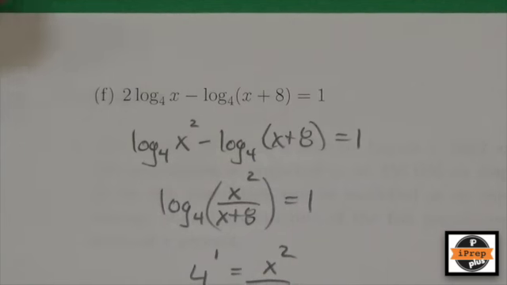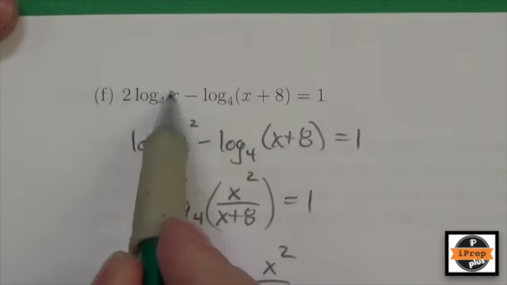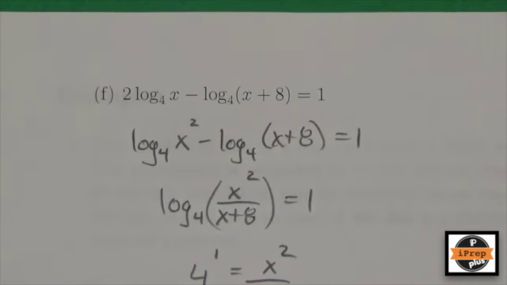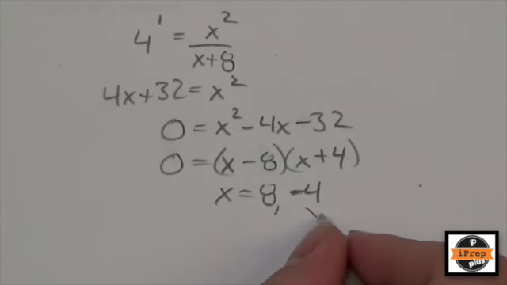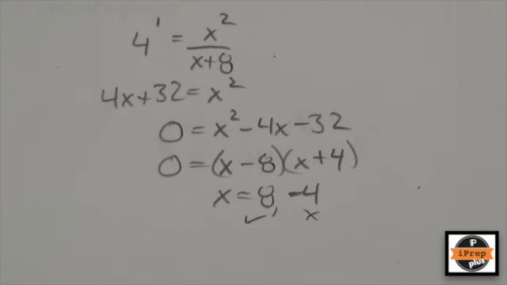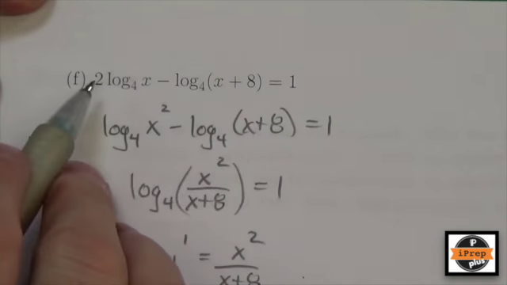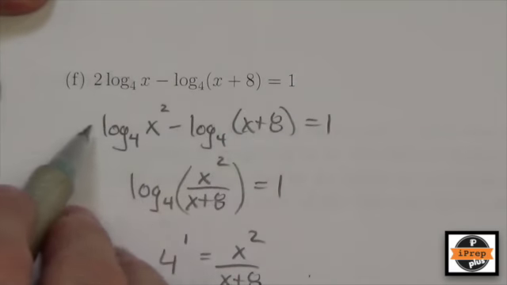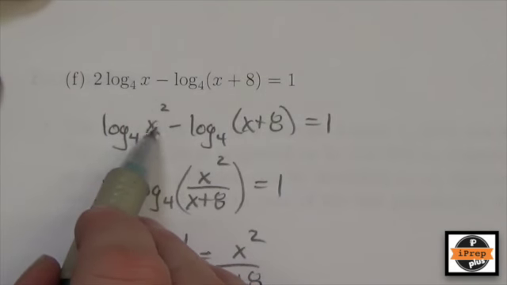I go back up to the top here. I see right away I can't put a negative in there because then I'd be taking the log of a negative, so I can't use negative 4 as one of my roots. But the 8 was okay. Now this is going to cause a little bit of argument and debate, because the negative 4 does work if you plug it into this equation right here, because negative 4 squared is positive 16.